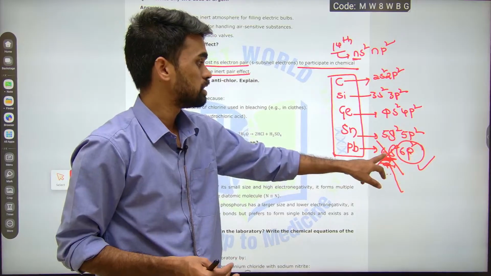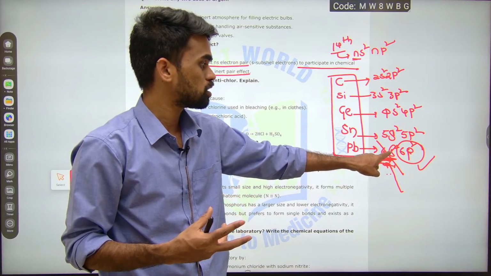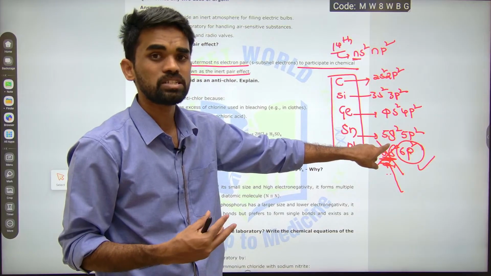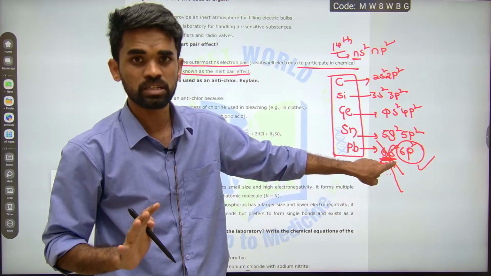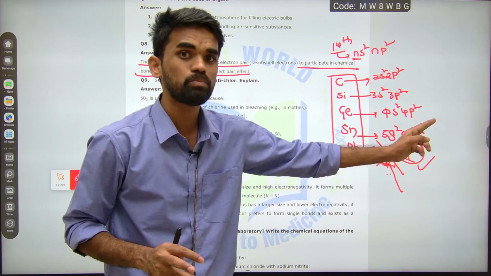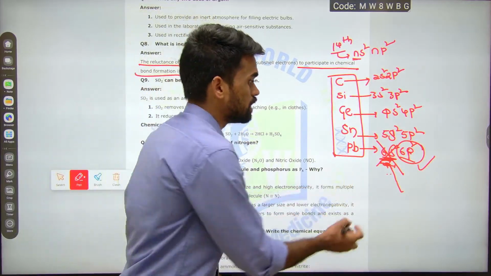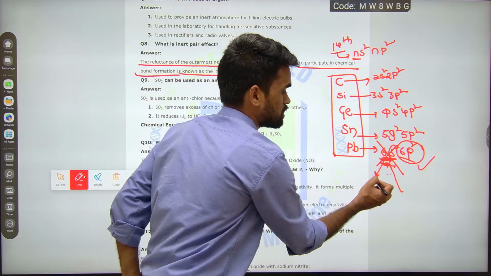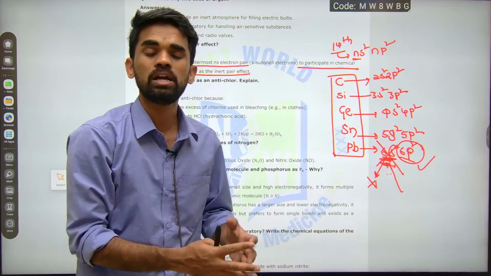It means they are not showing any interest. These outermost 6s, 5s electrons are not showing interest to participate in chemical reactions. Only these 2 p electrons participate. So these s electrons are showing inertness in chemical reactions. That is called inert pair effect.